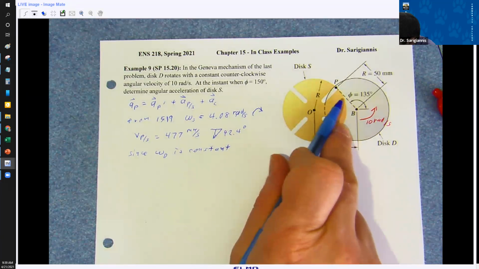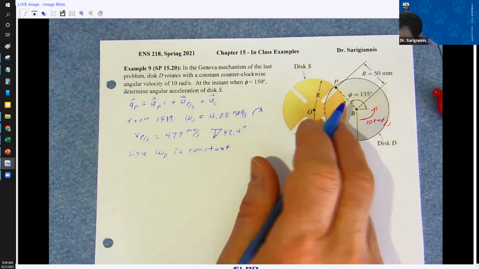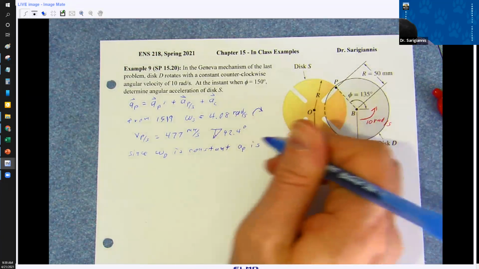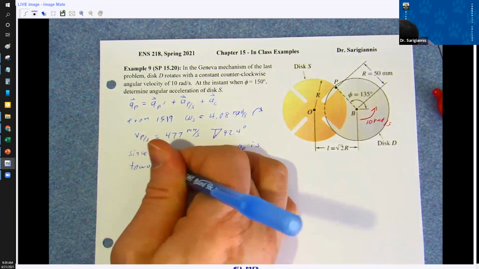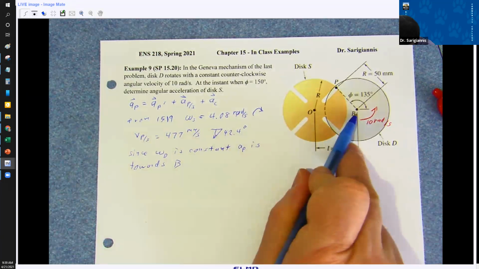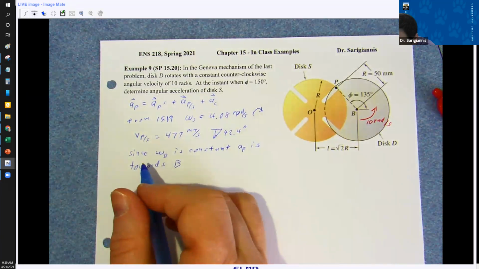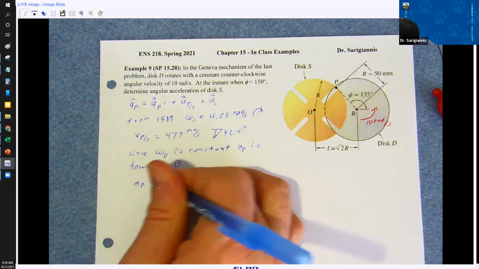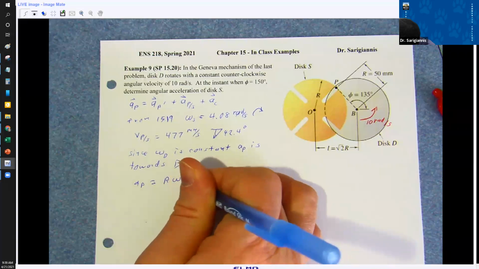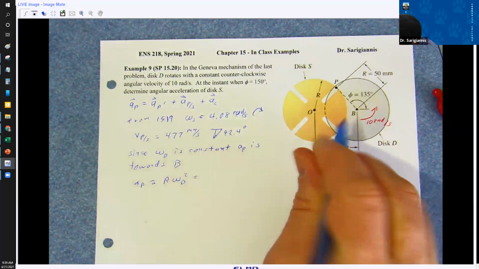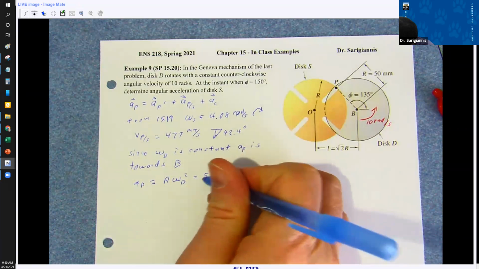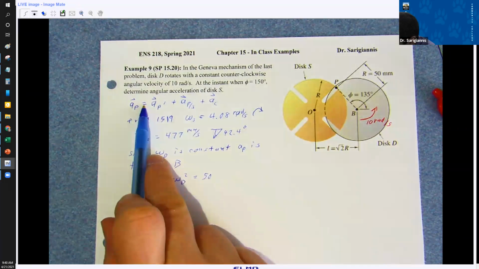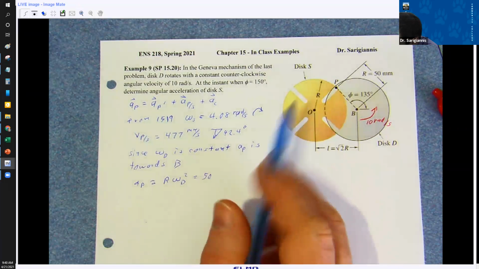But you do have normal acceleration, which is towards B. B is the center point, right? So the acceleration is towards B. A of P is going to be fully normal acceleration. So it's going to be R omega D squared, right? The radius of 50. Again, this is the acceleration of P, overall.